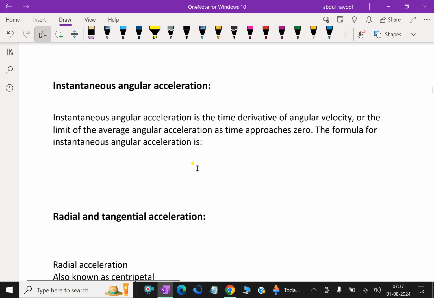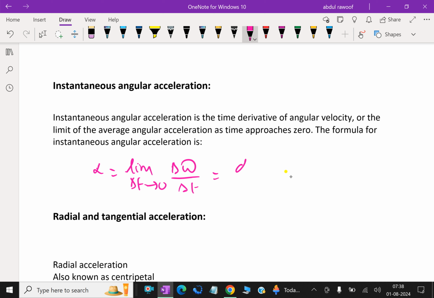The formula for instantaneous angular acceleration is α, the angular acceleration, equals the limit as Δt tends to 0 of Δω/Δt, which equals dω/dt, which equals ω dω/dθ.